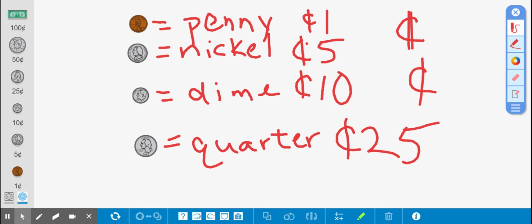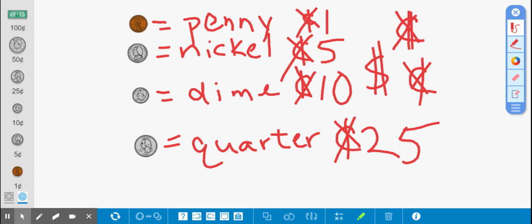So what I would like to begin doing is not using these symbols for cents. Even when we represent money using symbols, I would prefer that we begin using the dollar sign. And rather than using whole numbers to represent coins, we're going to begin to represent them as decimals.